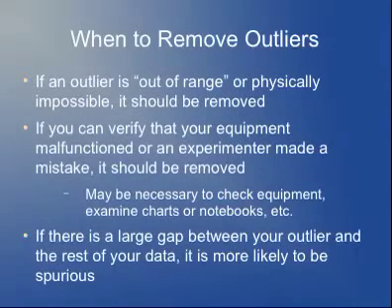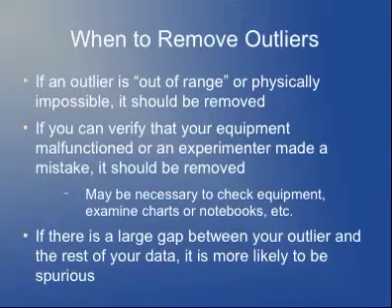So the first thing that you should check is out of range values, physically impossible values. If a number is out of range or physically impossible, get rid of it. That's an absolute no-brainer. If the variable is weight or height or age or something, and one of the numbers is negative, that's clearly wrong.